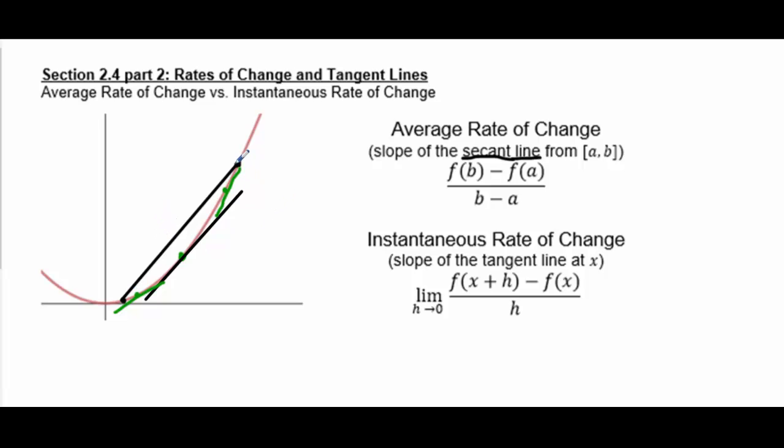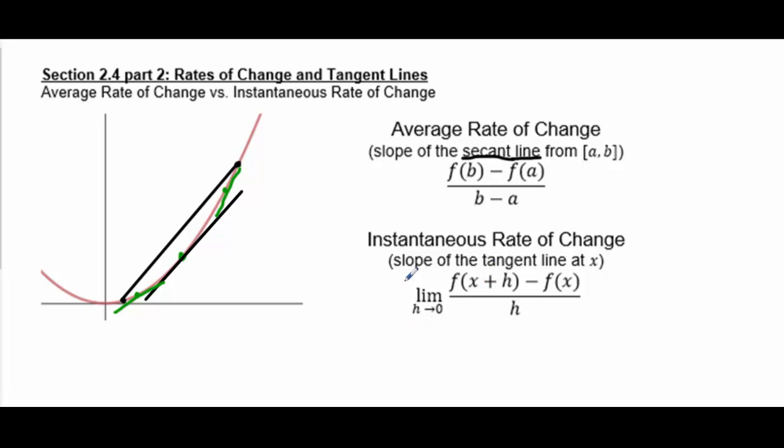And so as we take this point up here and move it closer and closer to the point we actually want to look at, and this point as well would move closer and closer to this one, then we're finding a limit as our gap, which is h, goes to 0. So it's kind of a weird concept, and the theory behind it is not quite as important, at least for right now, as us learning how to do it.